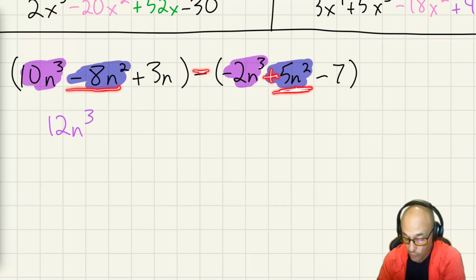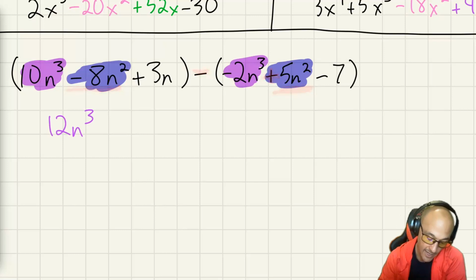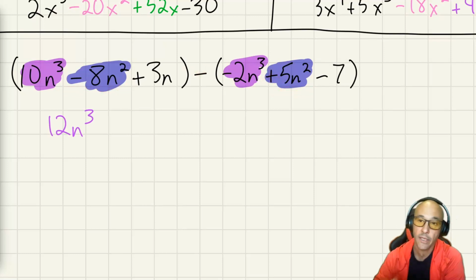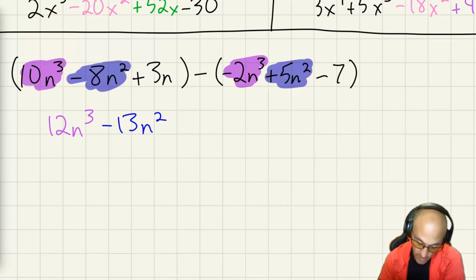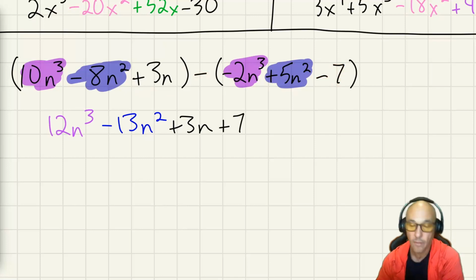Well, that's the same as subtracting 5n squared from negative 8n squared. And if you need to use a calculator on these, please do. It'll be negative 13n squared. And then the positive 3n cannot be combined with anything. And then we have this -7, but we're subtracting a -7. So that's actually adding 7.